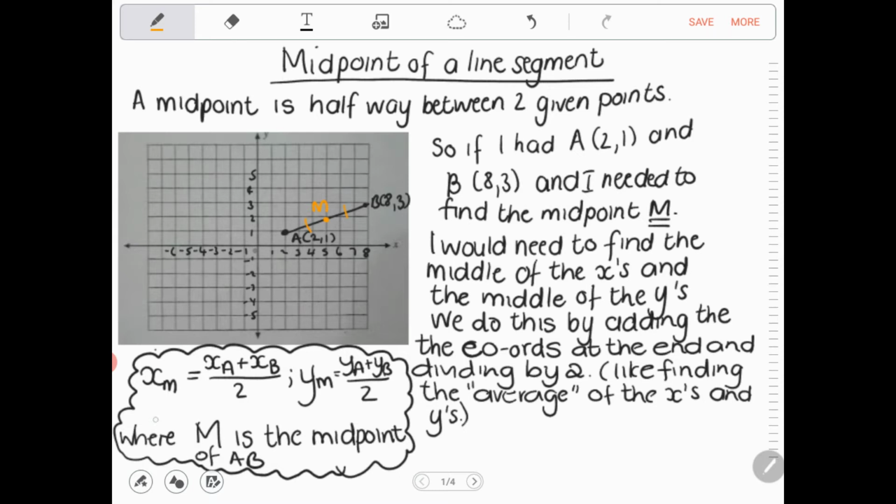So here's our formula that we use for finding the midpoint. The x at the midpoint, x at M, we add the x's on the two ends, so the x at A plus the x at B, and we divide everything by 2. And to find the y of the midpoint, we add the y's together, the y at A, the y at B, and we divide it by 2.